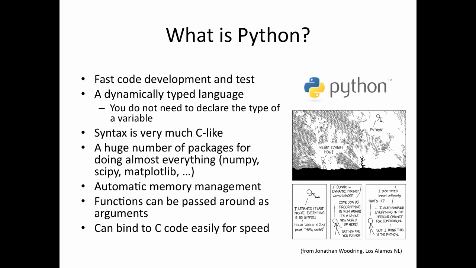Because of this, Python is good for fast code development and prototyping. Because it's not a compiled language, you can immediately run what you have just written. Python can do automatic memory management. That is, you do not have to allocate and deallocate memory; this is done automatically for you.